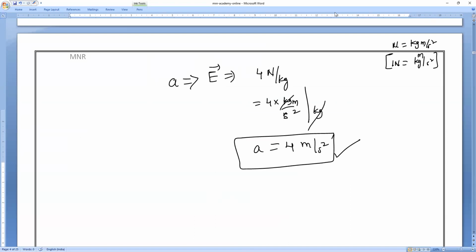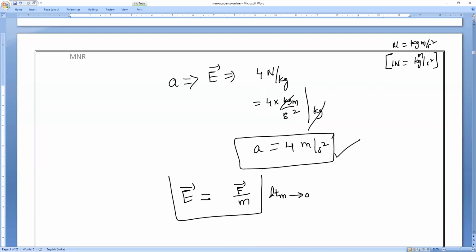So the most standard definition of the strength of the gravitational field is F by M, where M is almost negligible mass. That is the condition required. This is the definition of the gravitational field.